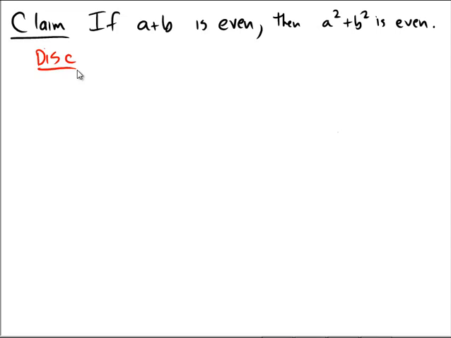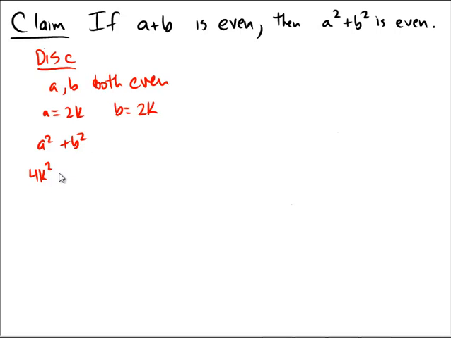So, what could be true about a and b? Well, a and b might both be even. If a and b were both even, then we would have a is 2k, b is 2l, right? Then a squared plus b squared would be 4k squared plus 4l squared, because 2k squared is 4k squared and 2l squared is 4l squared.